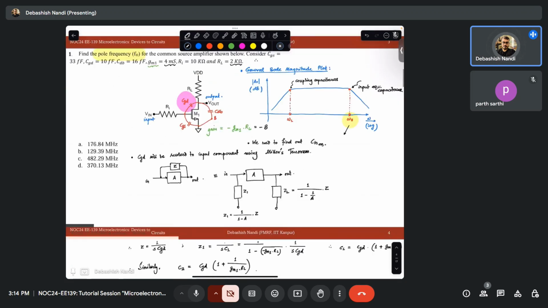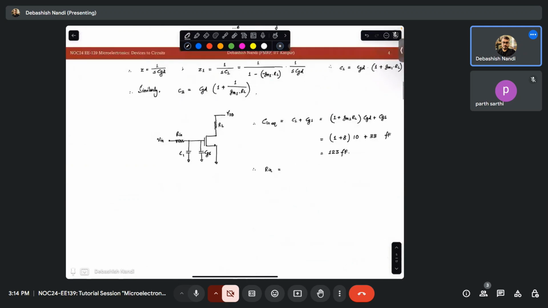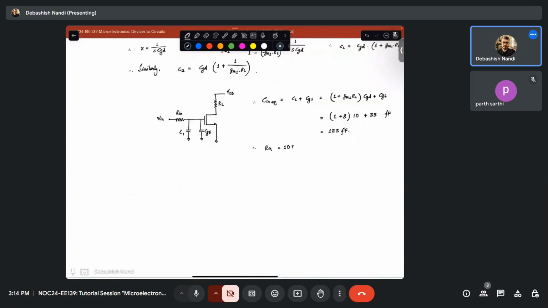Okay. So what is your R in? R in is given as 10 kilo ohm. Okay. So what will be your F of H? F of H will be your omega H over 2 pi. Omega H will be 1 over tau h, that is your R in times C in equivalent.